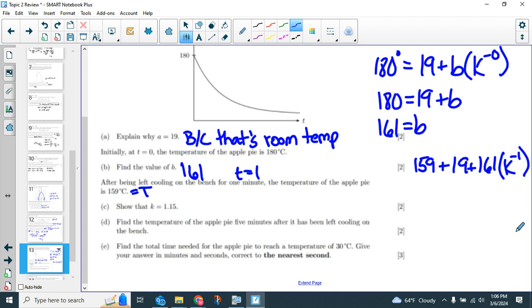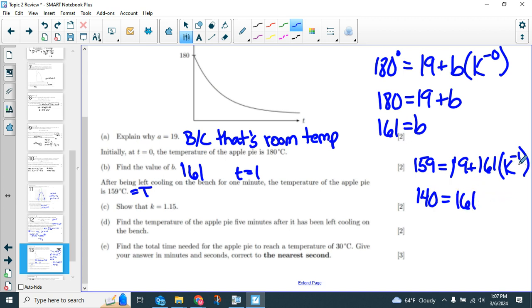So you could just say used solver, but that's not great because you still kind of have to say I used my calculator to do this, although you wouldn't really have to. Whoops, and this should be equals, not plus. So I could subtract 19 first and get 140. So then I have 161.